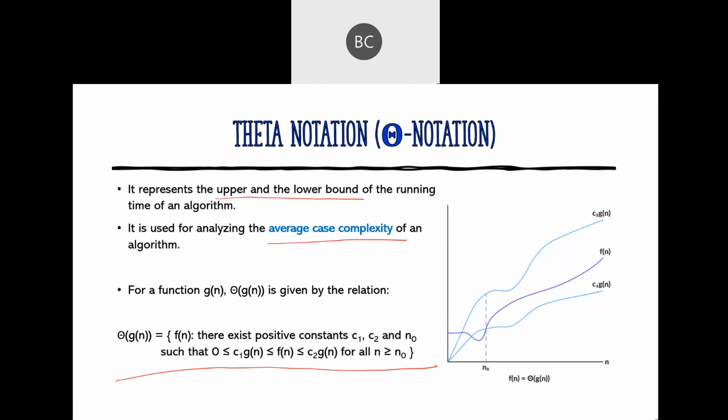This is the function for your algorithm, and theta notation provides both the lower bound and the upper bound, so your function should lie in between these two limits. Therefore it is the average case: what will be the average time to finish your algorithm?